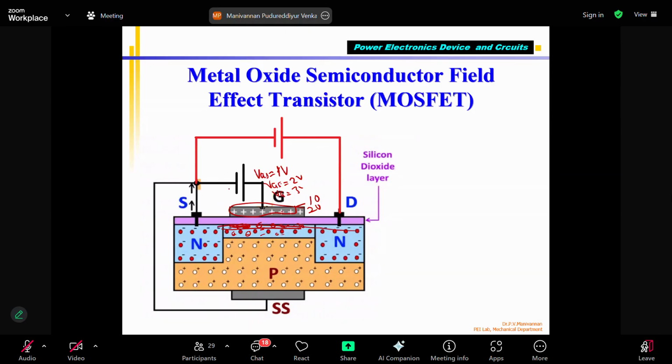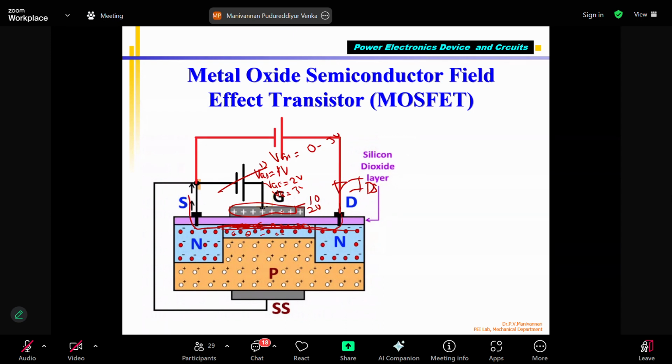That means if I vary my VGS from 0 to 5 volts, the electrons dispersed inside the N material will come and get deposited, so a current flows between these two terminals. So the IDS flows. This is how the MOSFET works.